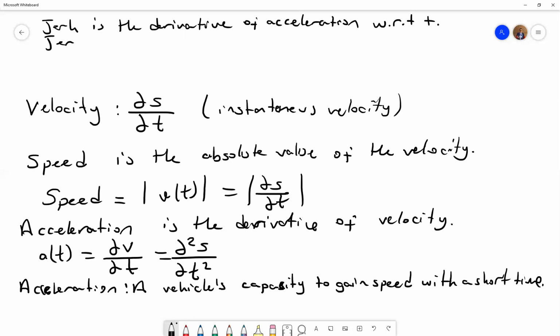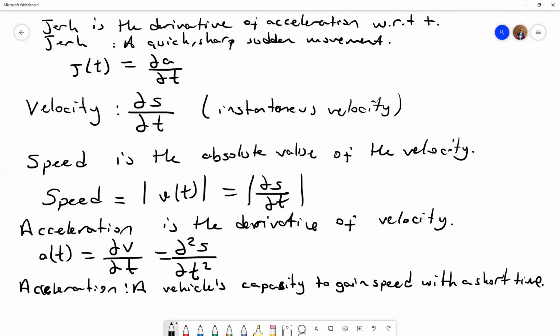Jerk's definition is a quick, sharp, sudden movement. We can denote jerk by j, and it is delta a over delta t. We know a(t) is here, so it is delta cube s over delta t cube.